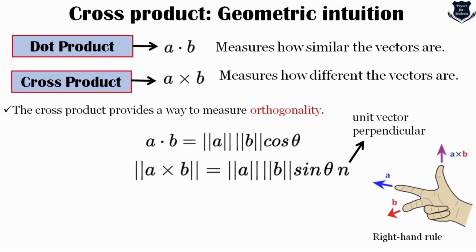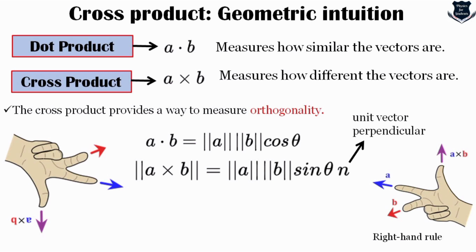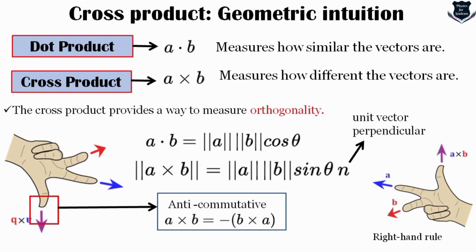Now, if I use the same and I reverse it, that means I rotate this one. You see this one, it implies that the cross product is anti-commutative. So you see A cross B equals minus B cross A. It should be A cross B. I've written B cross C. Anyway, if he points the forefinger towards B first, as I have pointed out here on the left hand side of the screen, the thumb is automatically forced downwards, and it is reversing the direction of the cross product.